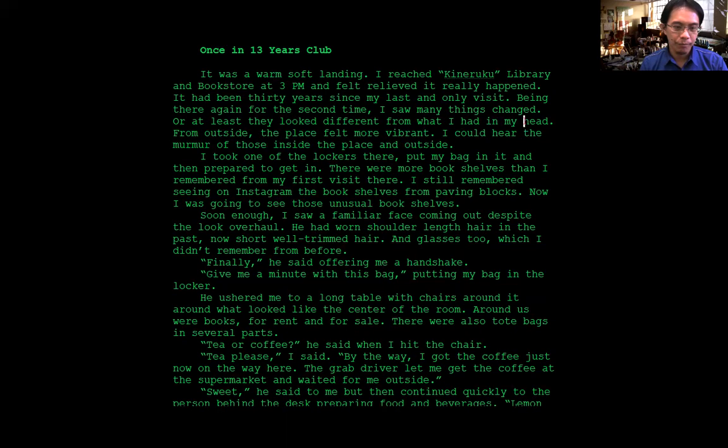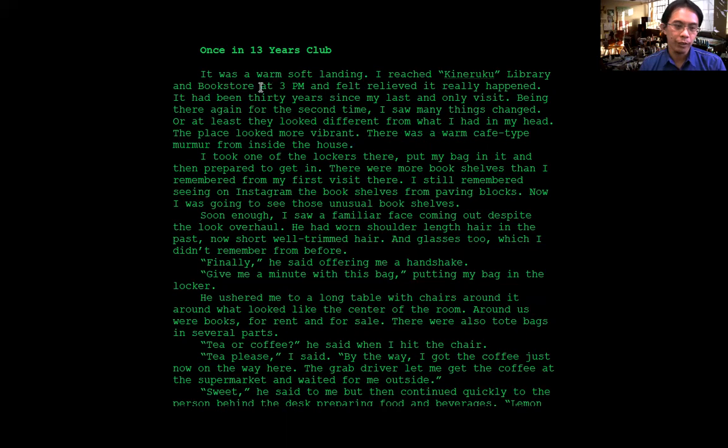From outside, the place looked more vibrant. There was a warm cafe-type murmur from inside the house. So this is how I will change it.